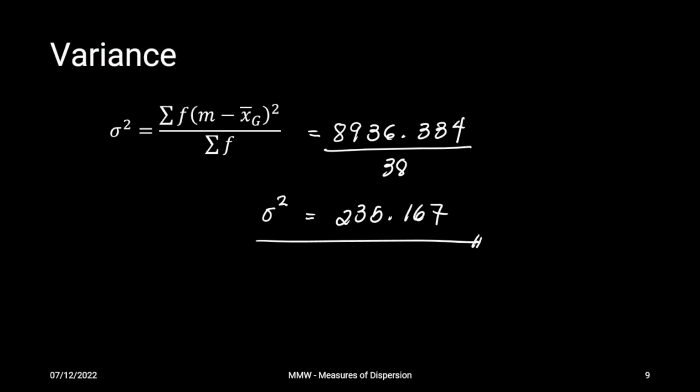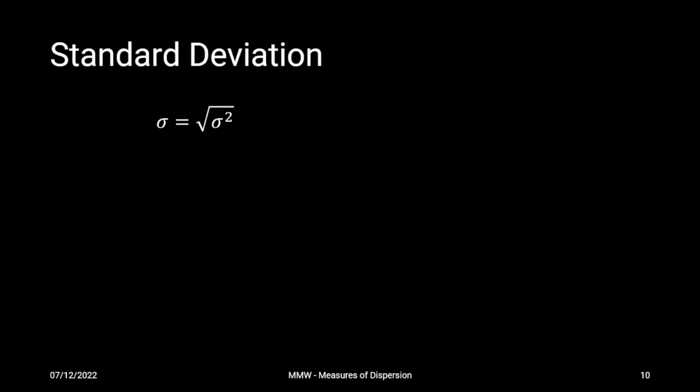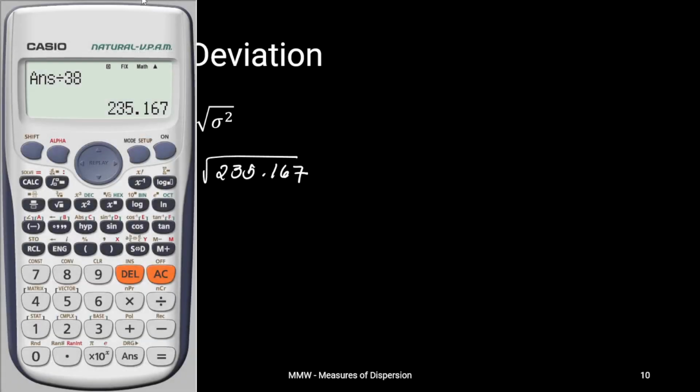And last, for the standard deviation, just get the square root of the variance. So this is equivalent to the square root of 235.167. Back to our calculator, just get the square root of the answer.